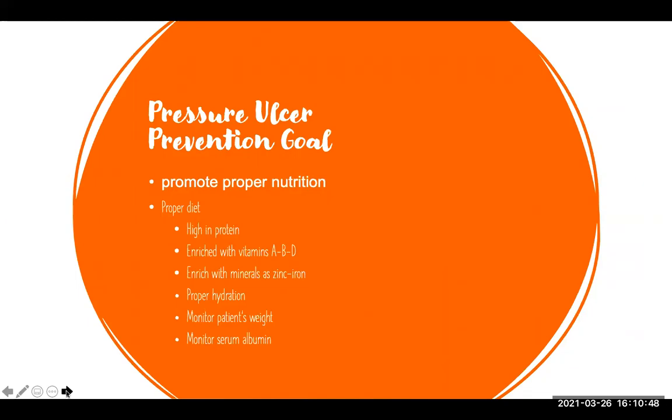So if it's too low, then they have a problem with rebuilding new tissue, which would involve healing the wound. Zinc is critical for wound repair. And then high protein diets are needed to maintain our albumin levels, to restore new protein, to build new collagen and synthesis, and our proper immune system functioning also.